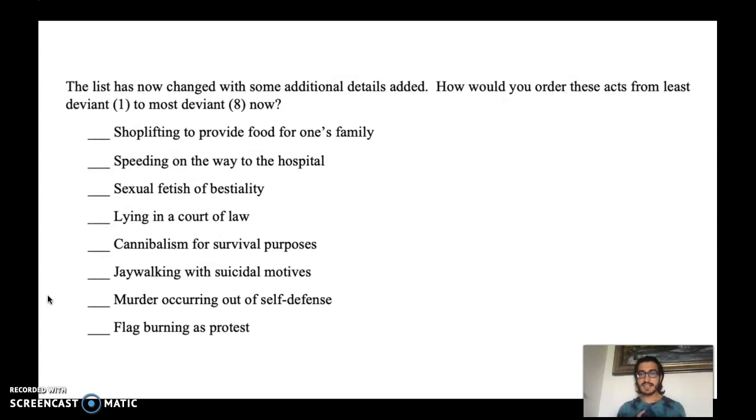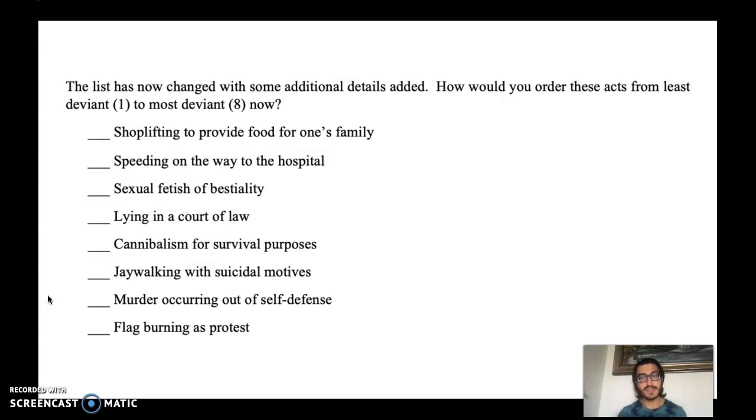with a little added context to them, right? So this list says the following behaviors: shoplifting to provide food for one's family, speeding on the way to the hospital, sexual fetish of bestiality, which means having sex with an animal, lying in court of law, cannibalism for survival purposes, jaywalking with suicidal motives, murder occurring out of self-defense, and flag burning as protest.